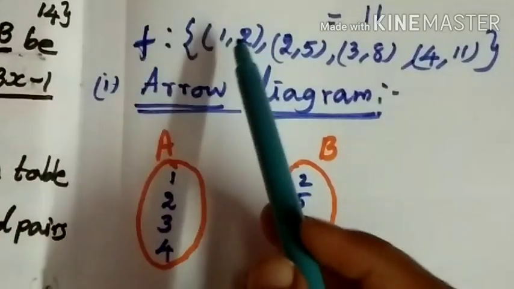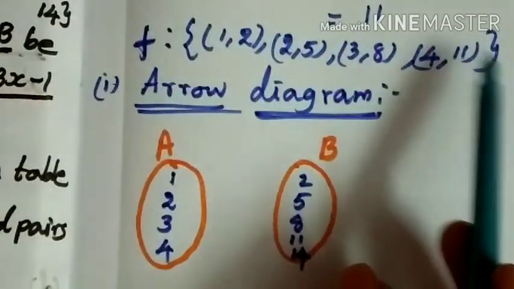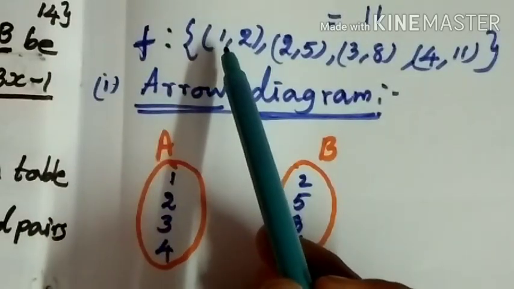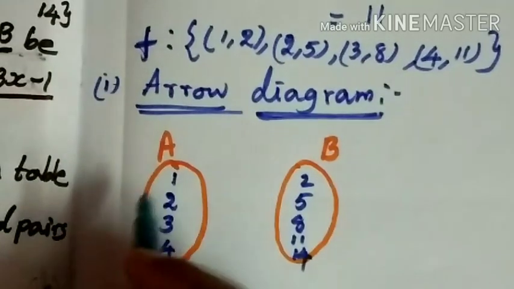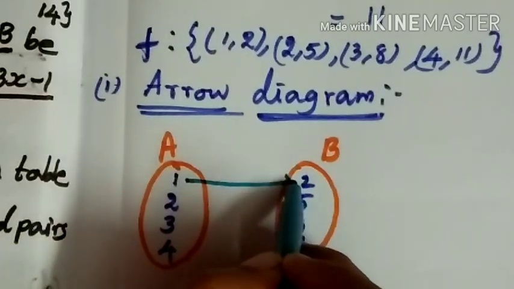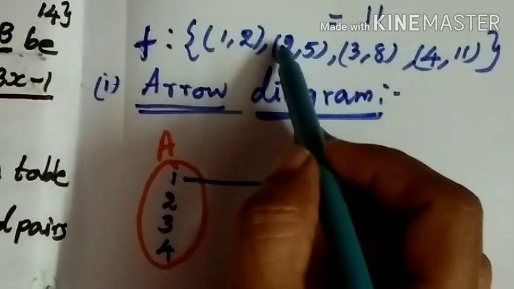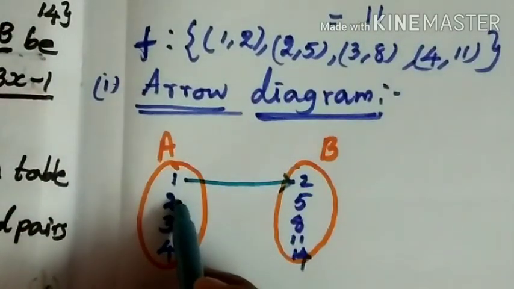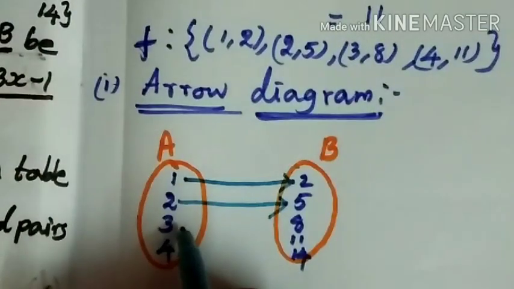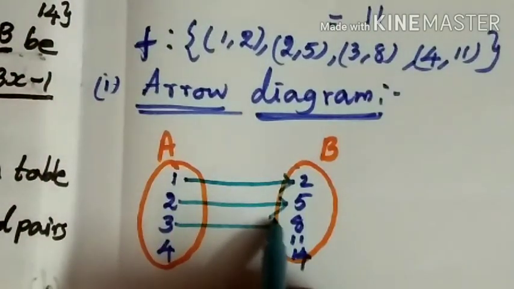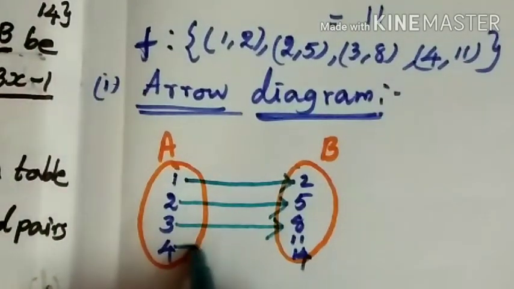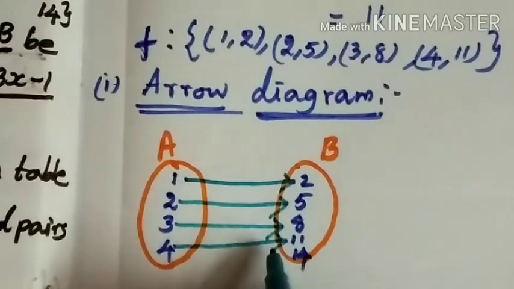Now you have to indicate these function ordered pairs by using arrows. See, the first ordered pair 1, 2, which means 1 is related to 2. 2, 5: 2 is related to 5. 3, 8: 3 is related to 8. 4, 11: 4 is related to 11.